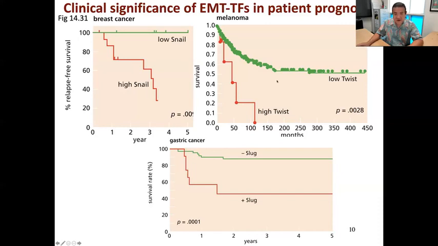So this holds true in melanoma as well, right? Low twist expression in the tumors at the time that the patient was first treated versus high twist. In gastric cancer, tumors that had absence of slug expression versus tumors that started off with high levels of slug expression.